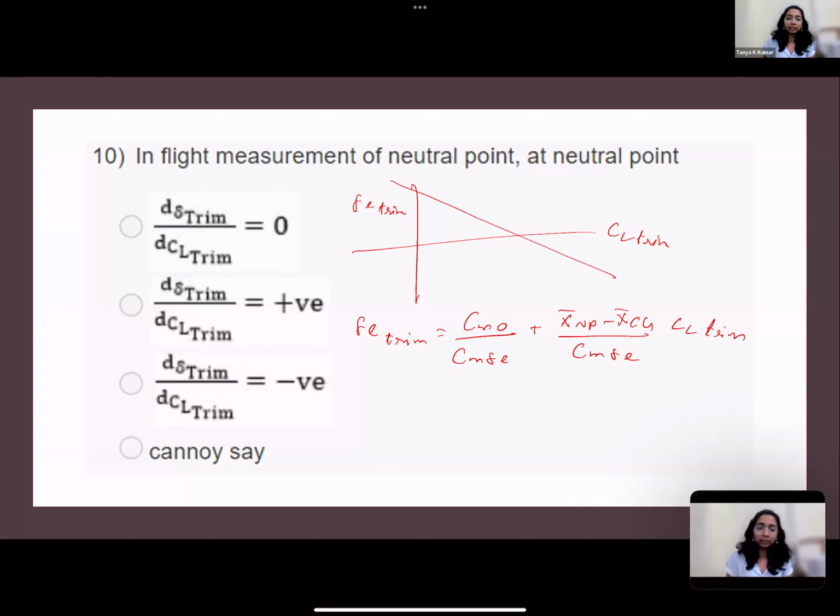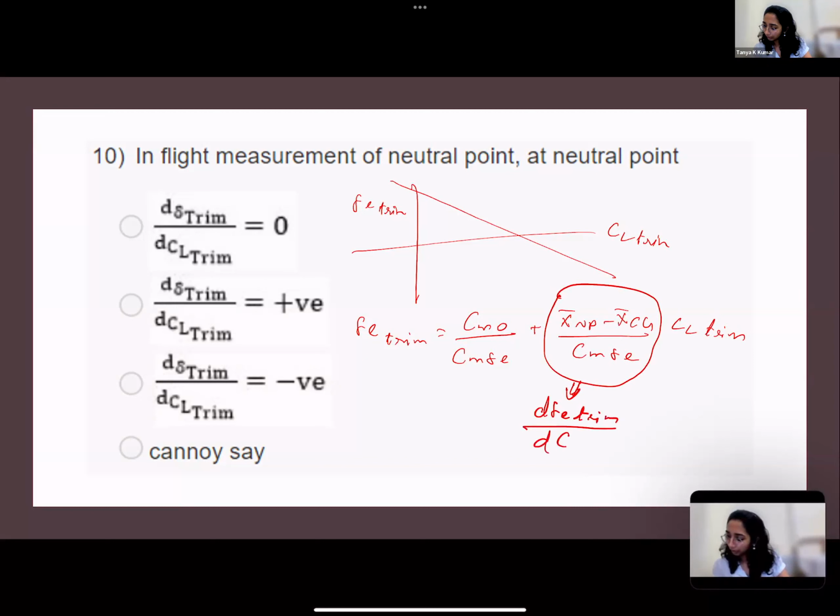So now tell me, at neutral point, what is the slope? Slope of this graph is given by this value. Correct? This is the slope. This is d delta E trim by dCL trim. At neutral point, what is the value of the slope?